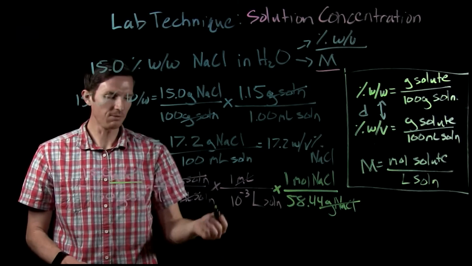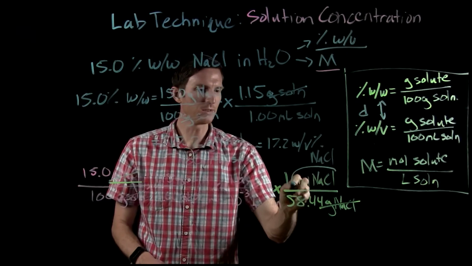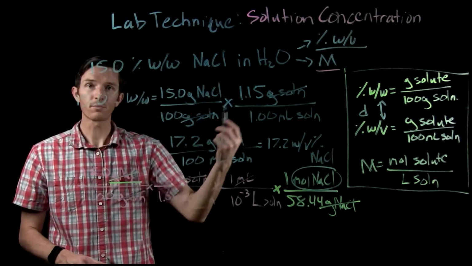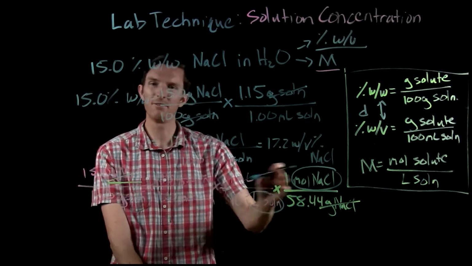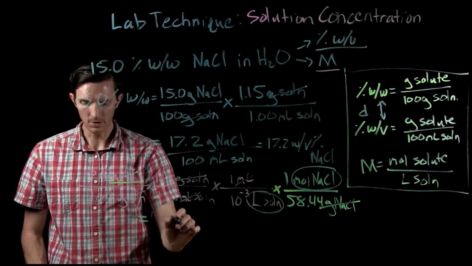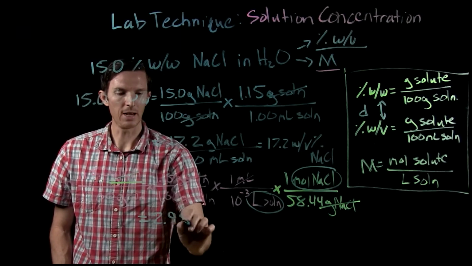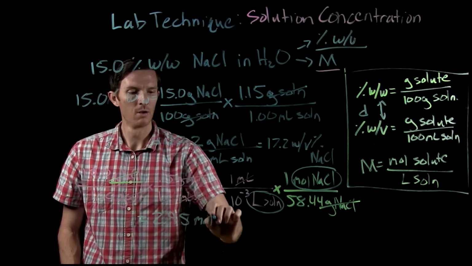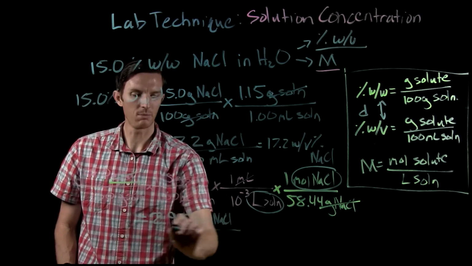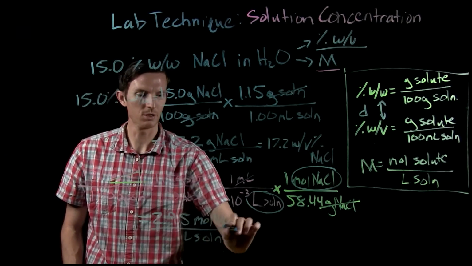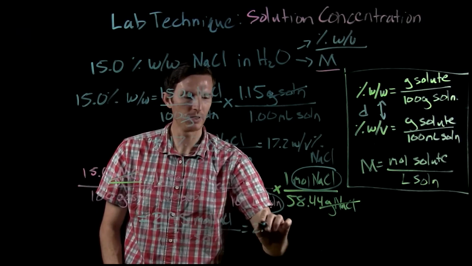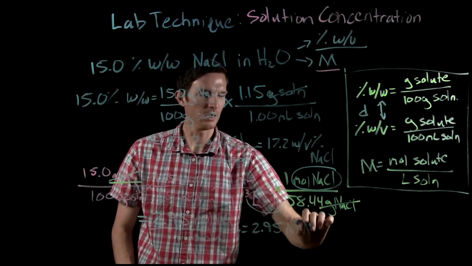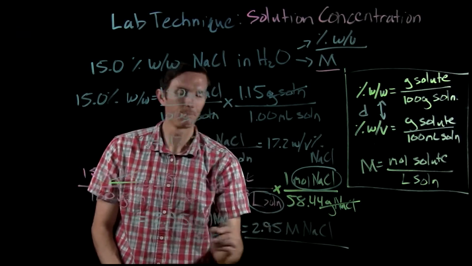And so now we're left with units of moles of NaCl, which is our solute, per liter of solution. Once we finish out this calculation, we're going to get 2.95 moles of NaCl per liter of solution, which is the definition of molarity. So that would be 2.95 molar NaCl.